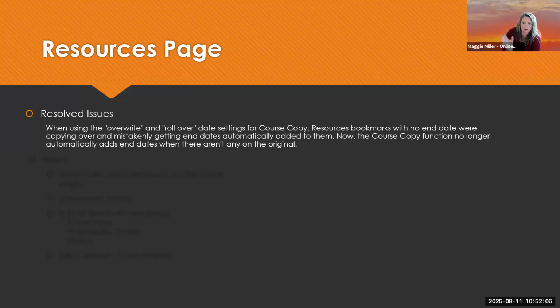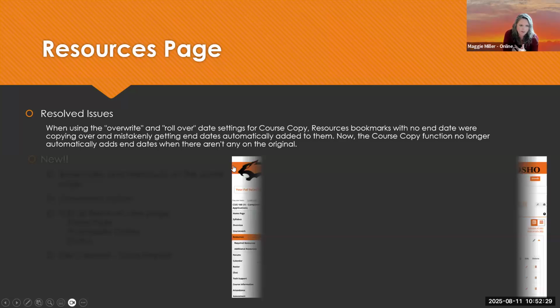And so when your course would be open to your students, none of your resources would be available, and you'd have to go in one by one and change the end date to open or whatever you would like it to be. They fixed that. So if that was happening to you, hopefully this makes you happy. I know it makes me happy. So no more weird end dates on your resources.